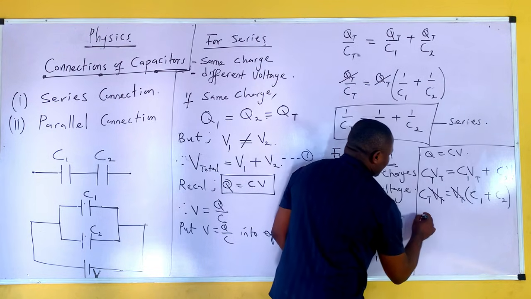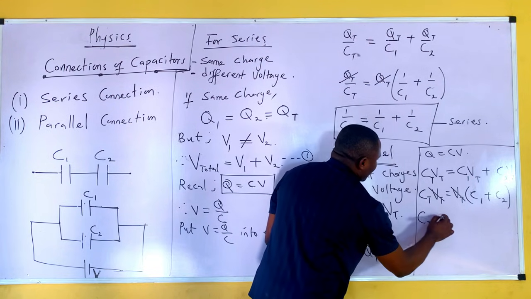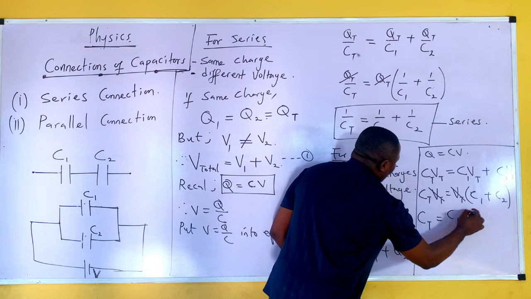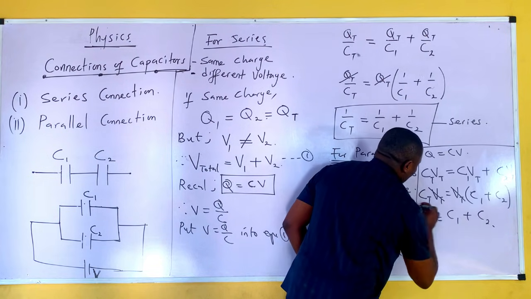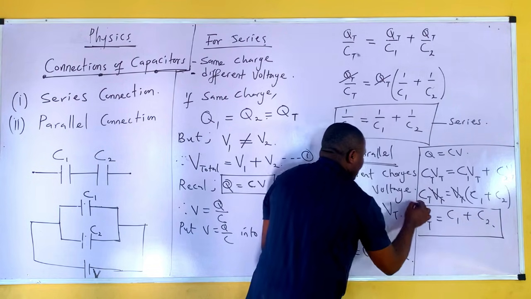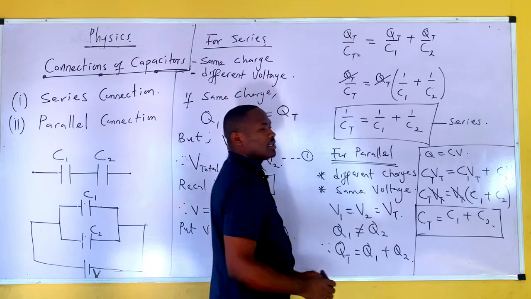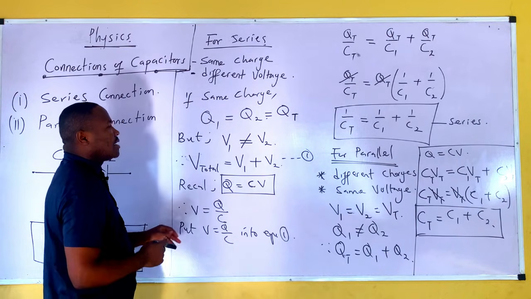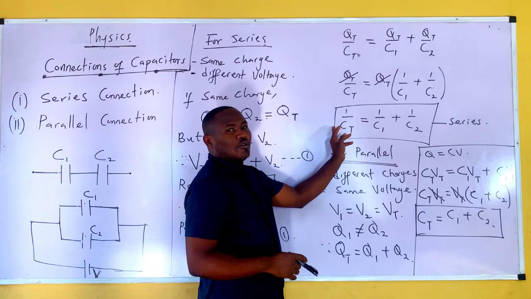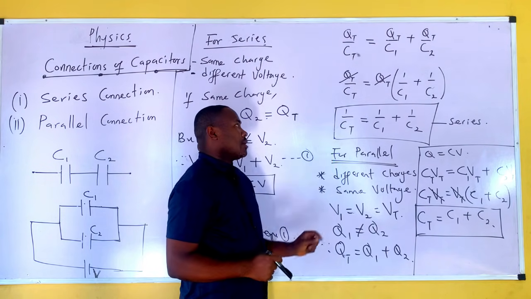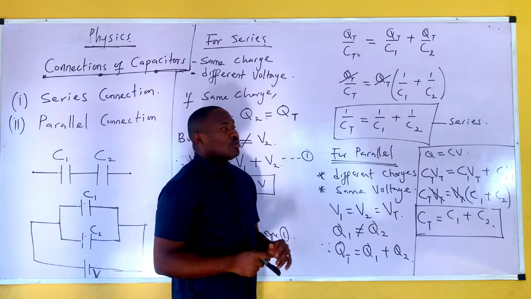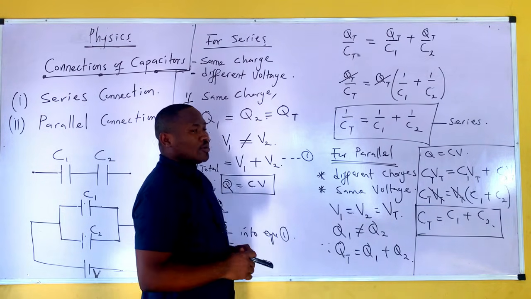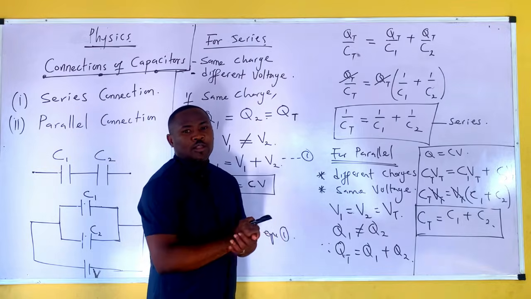This cancels out this. Then C total is equal to C1 plus C2. So in parallel, this is how we calculate our total capacitance. But in series, this is how we calculate our total capacitance.